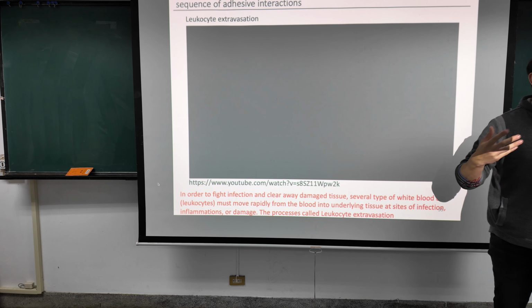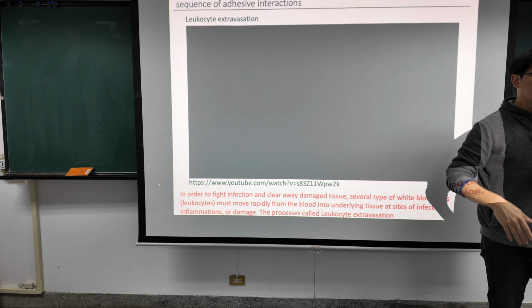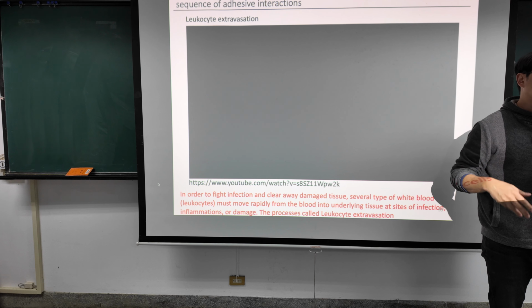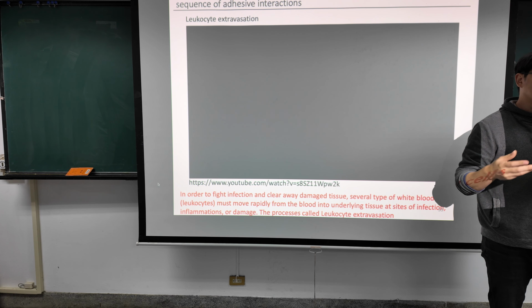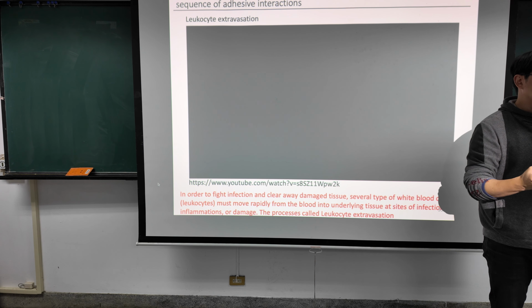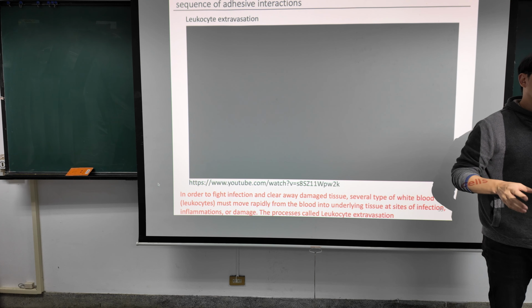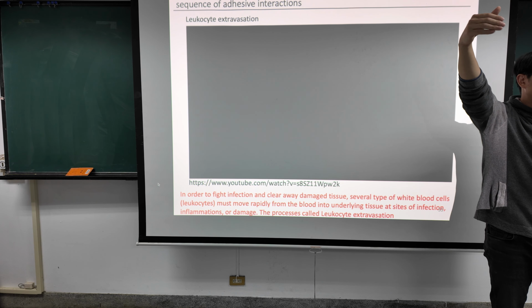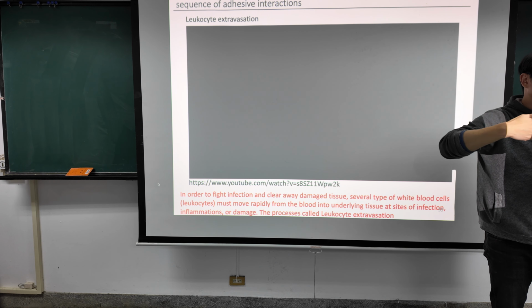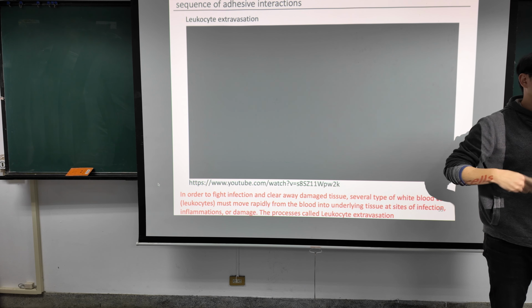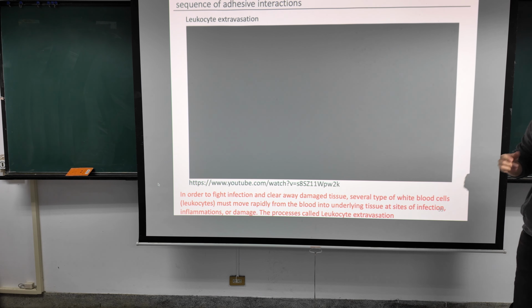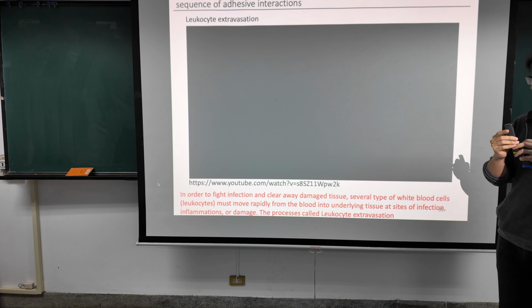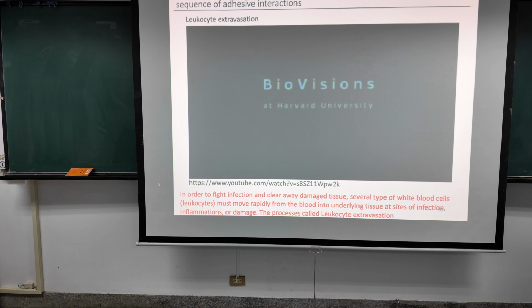A lot of immune cells keep traveling in our blood flow, but once we need to trigger an immune response or fight a pathogen in the local tissue, we need those immune cells to stop, and then penetrate our blood vessel into the tissue to deal with the immune response. This process we call leukocyte extravasation. Okay, so let us take a look at this video.